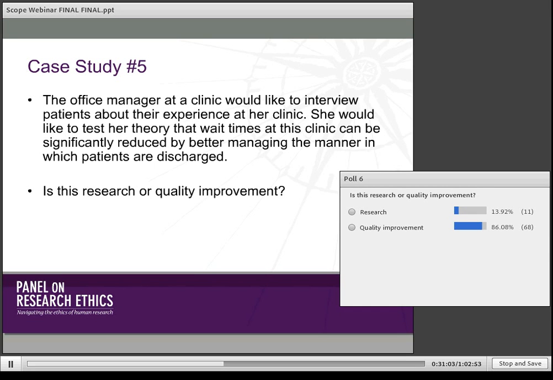Nothing significant has changed in terms of the results. 85% of the polling respondents believe that this is quality improvement, and 15% believe this is research. I'm now going to close the poll. Thank you for participating.